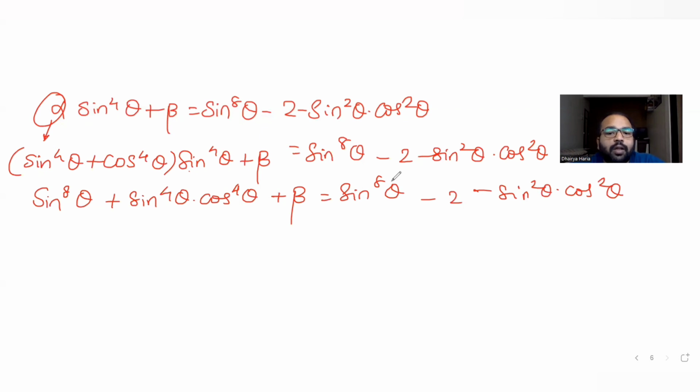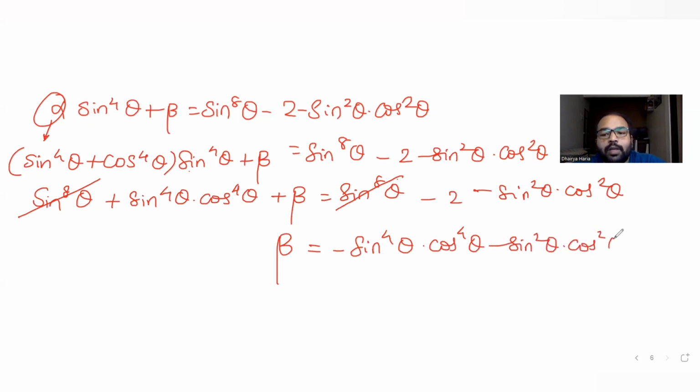So if you see here, I can cancel sine raised to 8 theta from both of the sides. So I am left with beta as minus sine raised to 4 theta cos raised to 4 theta minus sine square theta cos square theta minus 2. So now what I can do is take minus common, right?